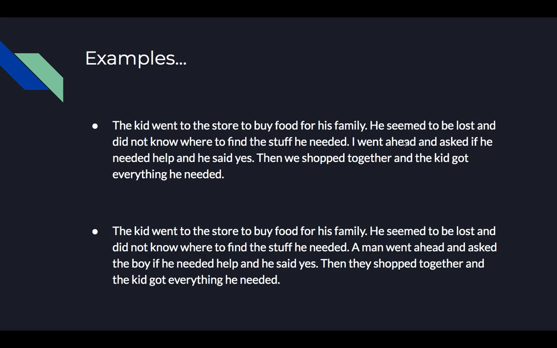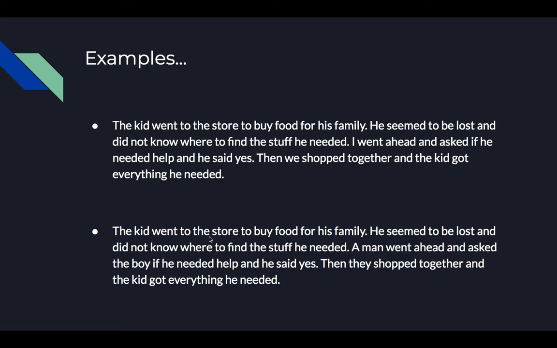But if I continue, this then shifts into first person. It says, I went ahead and asked if he needed help, and he said yes. Then we shopped together, and the kid got everything he needed. All right? So it is using I and then we. So this entire paragraph is using first person. That is because of the I and the we. Okay, all of this is in the context where the narrator is putting his or herself in the story.